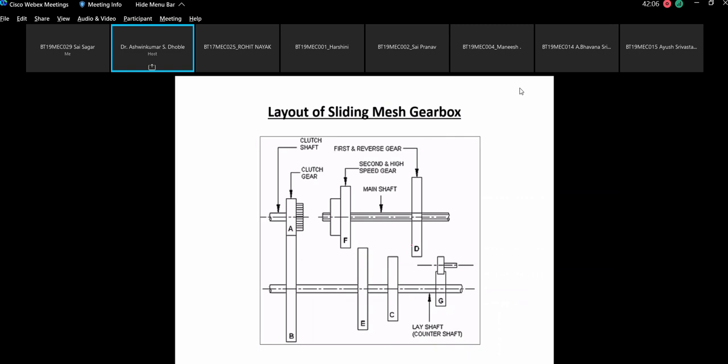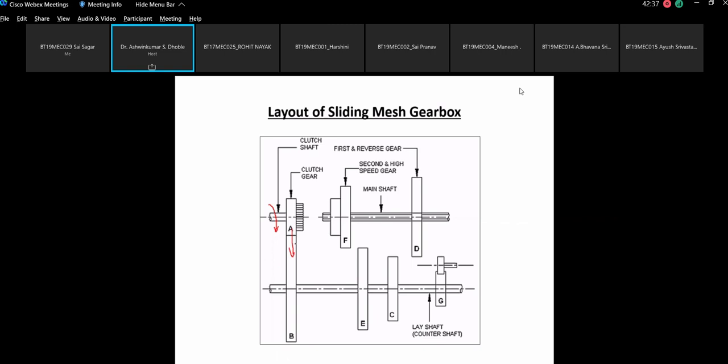Okay. So in the sliding mesh gearbox, you have the clutch shaft. The clutch shaft is basically the engine output shaft, which is connected to the clutch input, and the clutch output shaft is connected here. The power comes from here. There is one gear which is in constant mesh with this particular gear which is fitted on the input shaft. So this is the constant mesh gear.